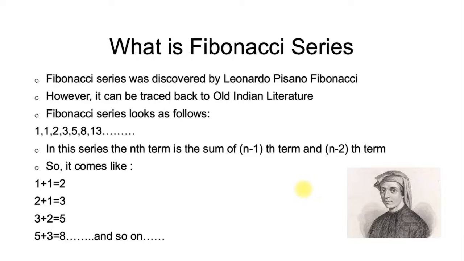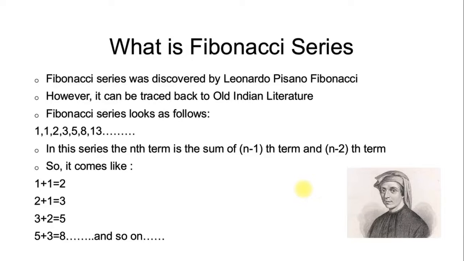And how does the series look? It looks like 1, 1, 2, 3, 5, 8, 13. So let us decode it. In this series, the nth term is the sum of the earlier two terms. So the third term is the sum of the first and second terms: 1 plus 1 equals 2.